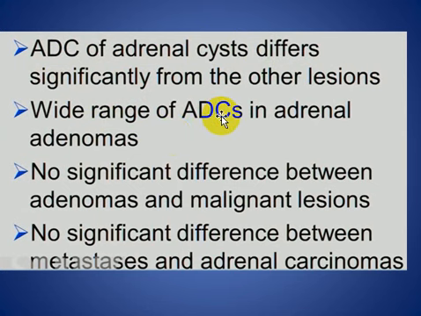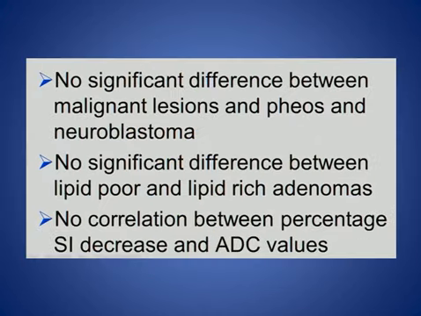There is a wide range of ADC in adrenal adenoma, no significant difference between adenoma and malignant lesion, and no significant difference between metastasis and adrenal carcinoma. No significant difference between malignant lesion and pheochromocytoma and neuroblastoma. No significant difference between lipid-poor and lipid-rich adenoma.